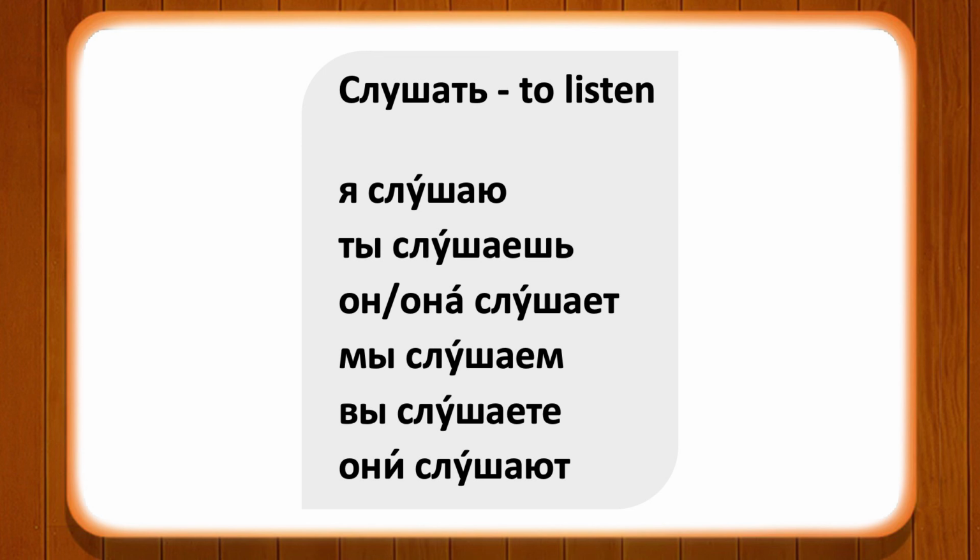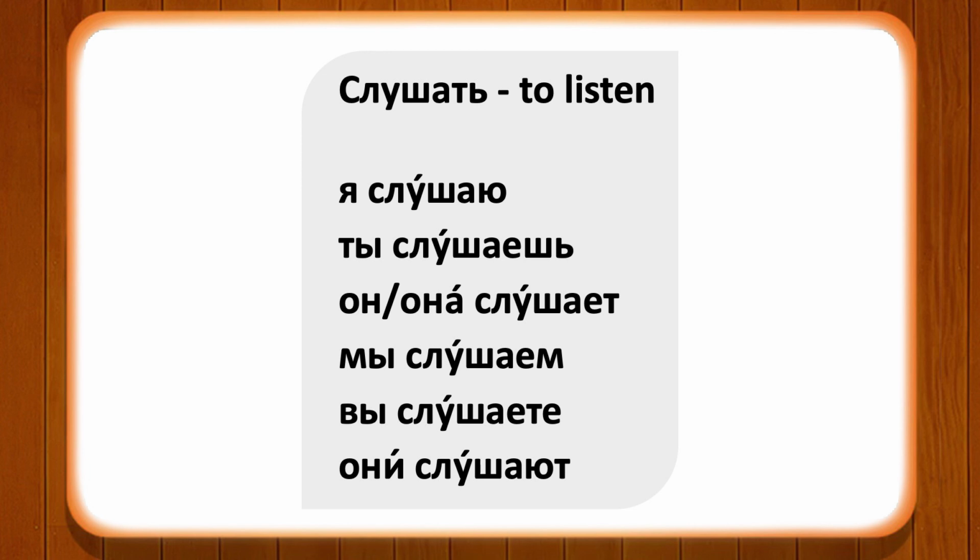Она слушает, it means she is listening. Мы слушаем, it means we are listening. Вы слушаете, it means you are listening, a formal you. Они слушают, it means they are listening.